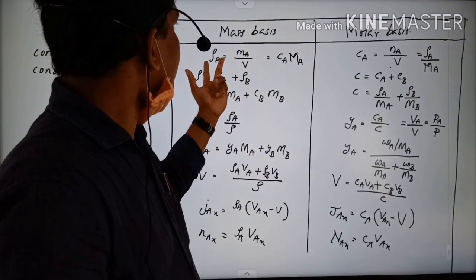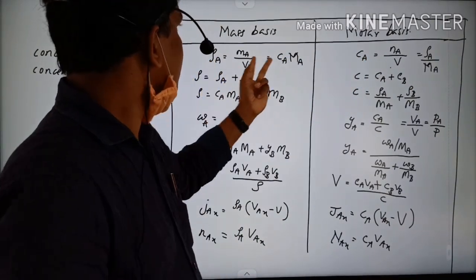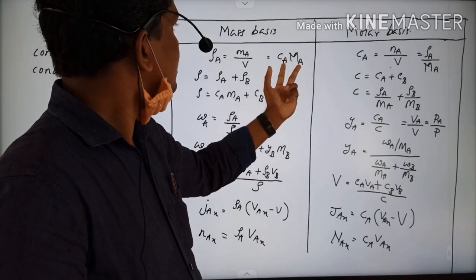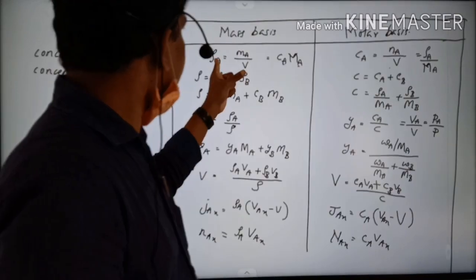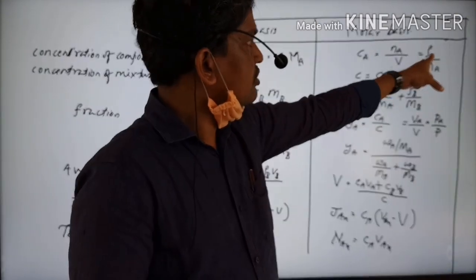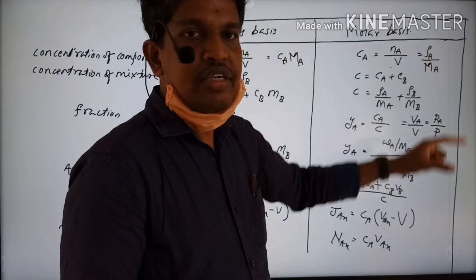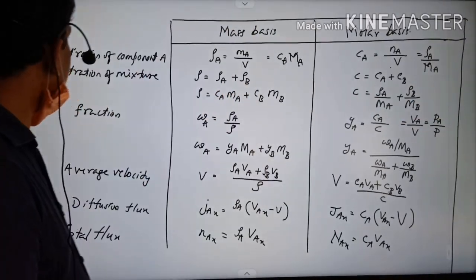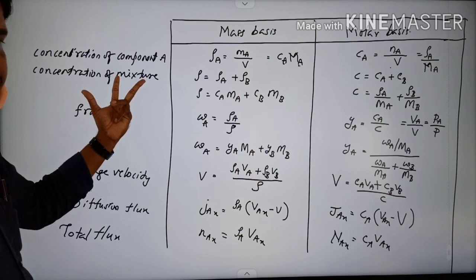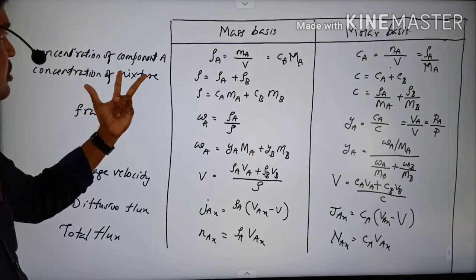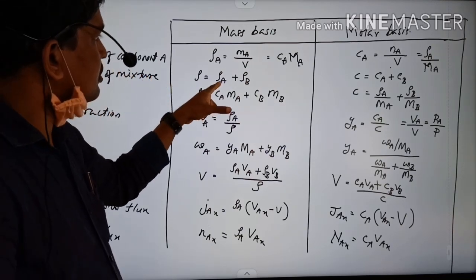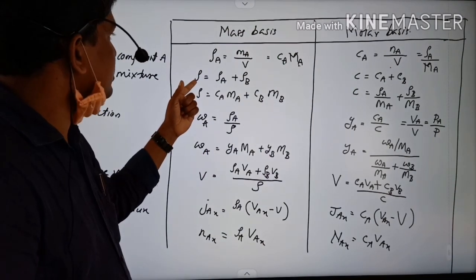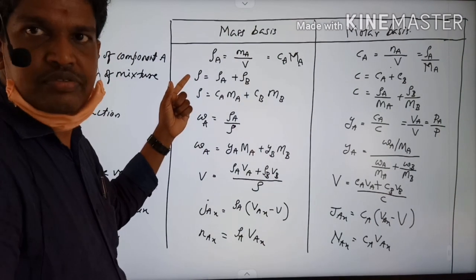Then you can find out rho A in terms of Ca, which is equal to Ca into molecular weight of A, molar mass of A. Similarly, you can find out Ca in terms of rho A, as Ca is equal to rho A by molar mass of A. Then the concentration of mixture is equal to rho A plus rho B, where rho is the concentration of the mixture or the density of the mixture.